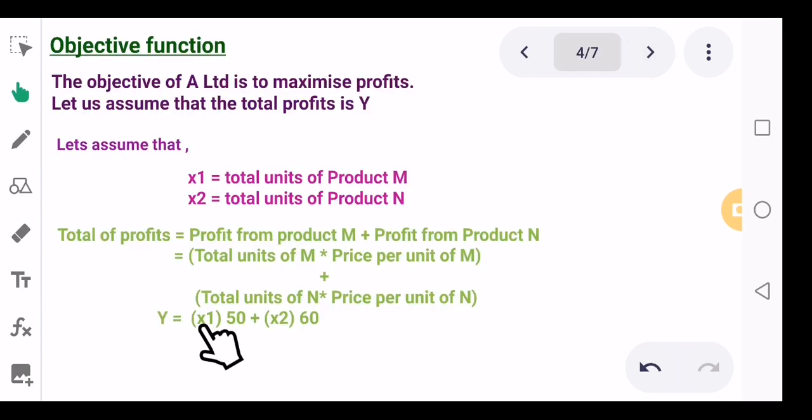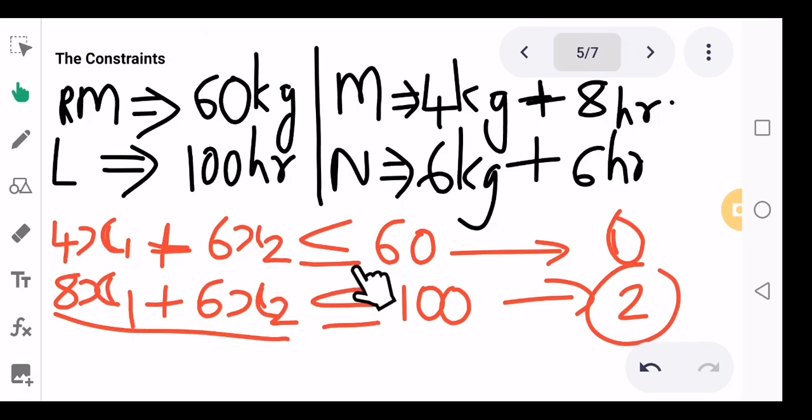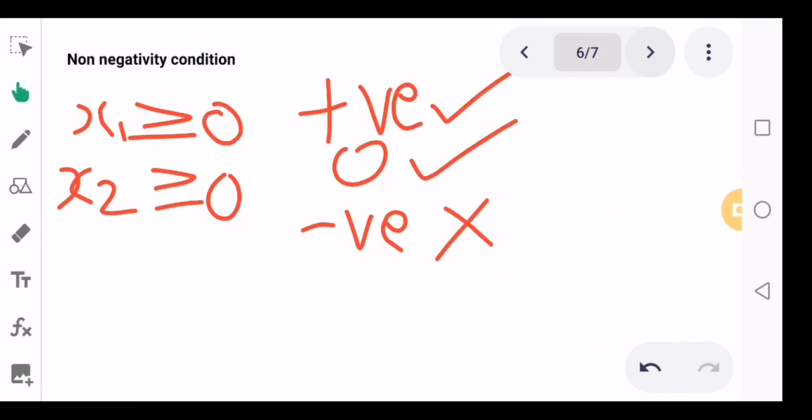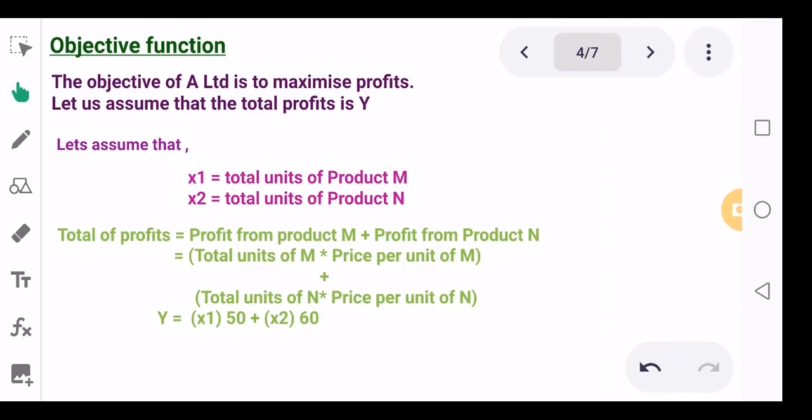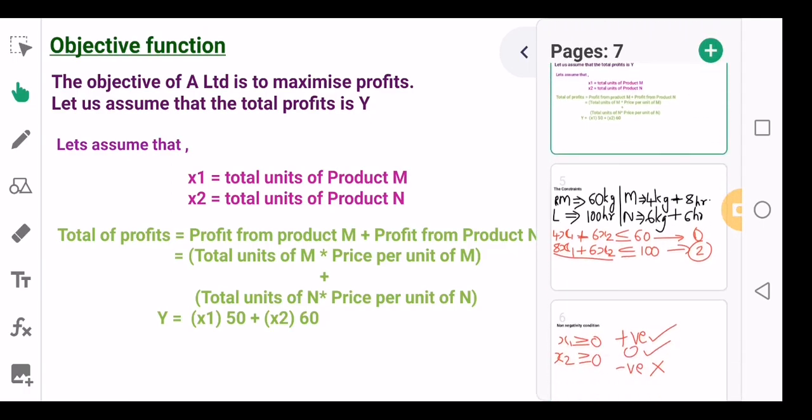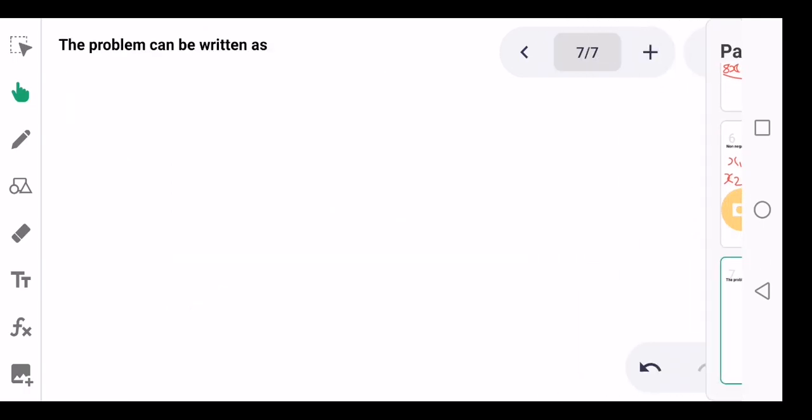This is the first equation that we formed, this is your second equation, that is your constraints, and this is the third thing. So all these things we just need to write together.